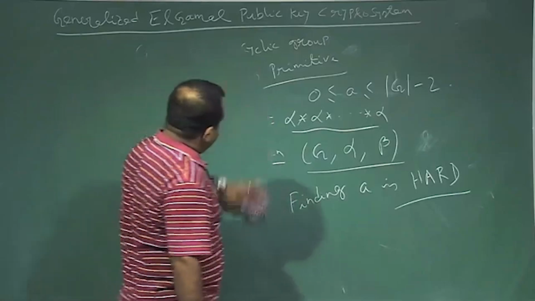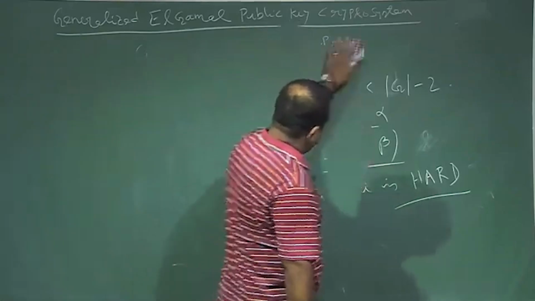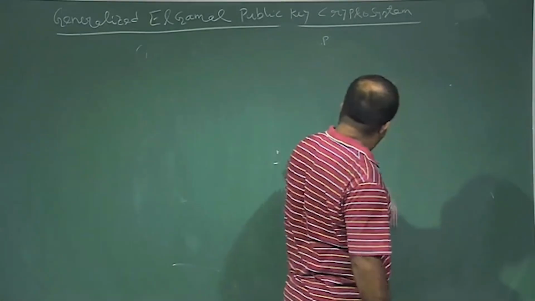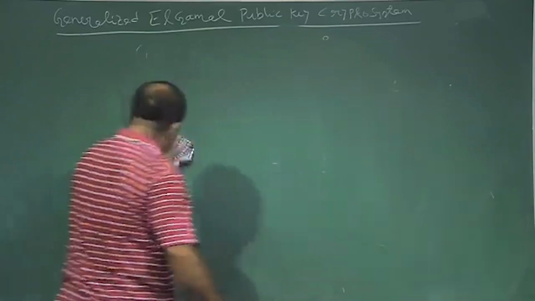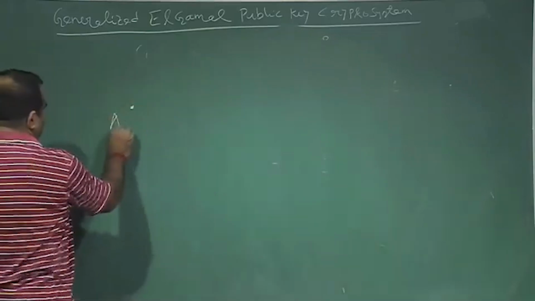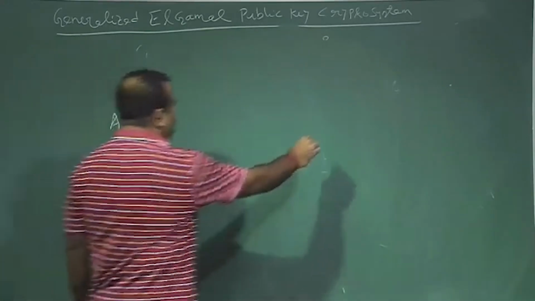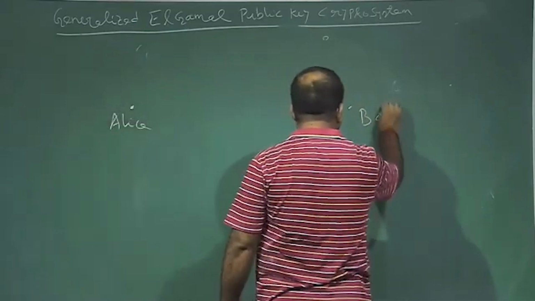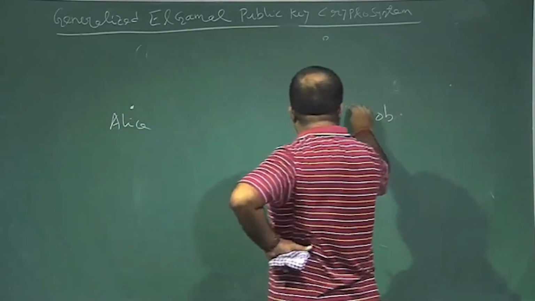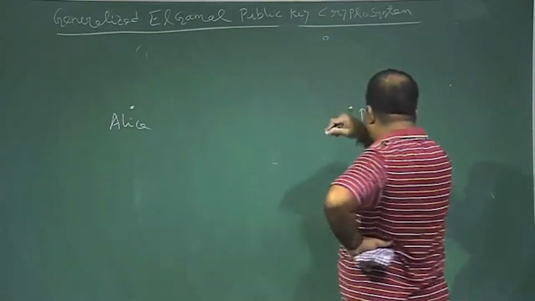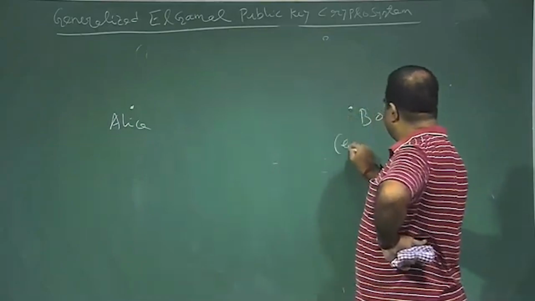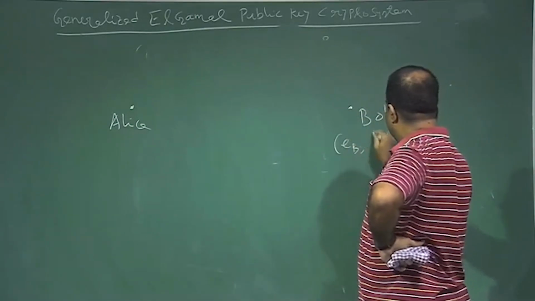Okay, so Alice wants to send a message to Bob. So Bob has to get his public key and private key pair.